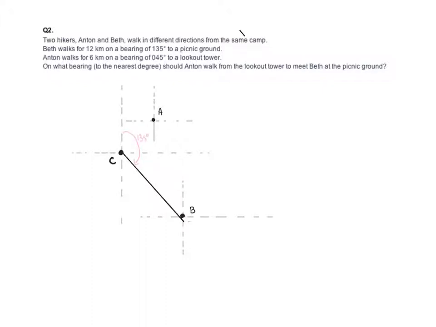So if you know that, you know a few other things. You know that from here to here is 90, don't you? So then does that make this one to this one 45 degrees? Yes? So you know a few things like that. All right, so Anton walks, and you know that's 12 kilometers for Beth. Then they said Anton walks 6 kilometers on a bearing of 45. So out Anton goes for 6 kilometers, and they said that's 45 in there.